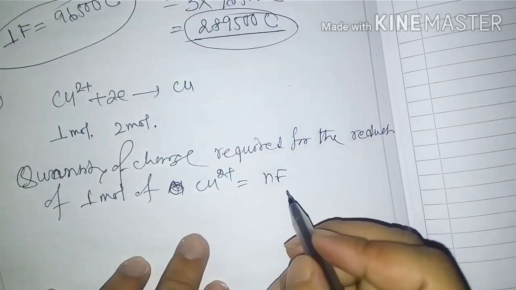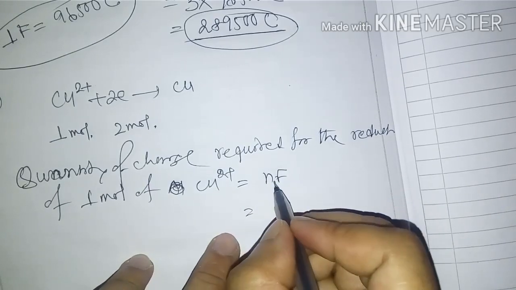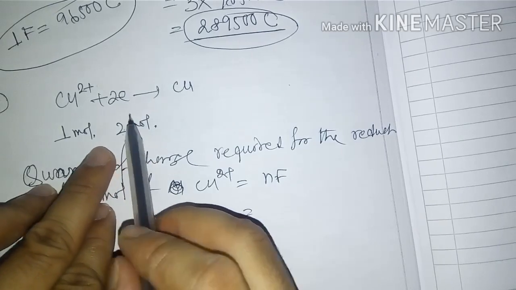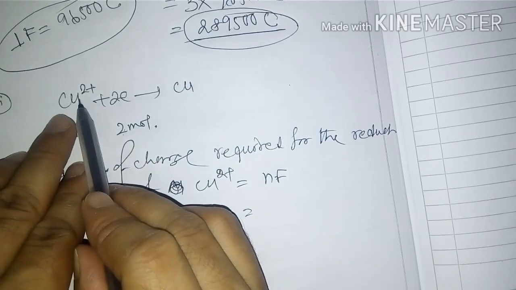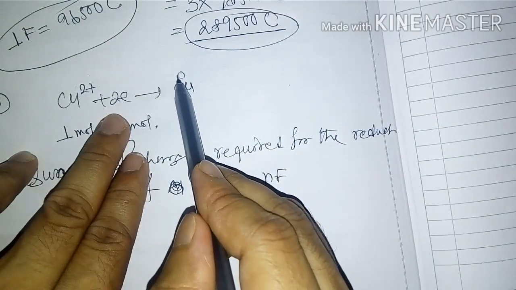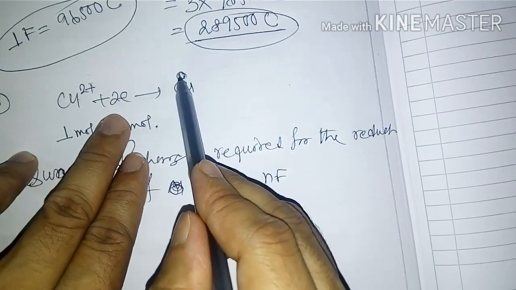This is the formula nF. Here n equals 2, because 2 moles of electrons are needed for neutralization, so that this side charge, that means oxidation number, is 0.